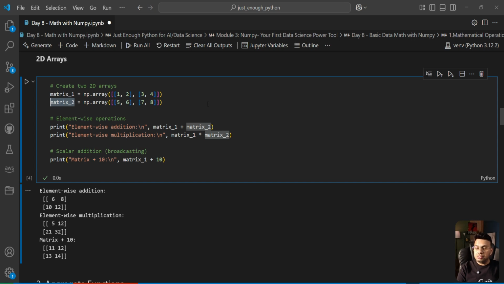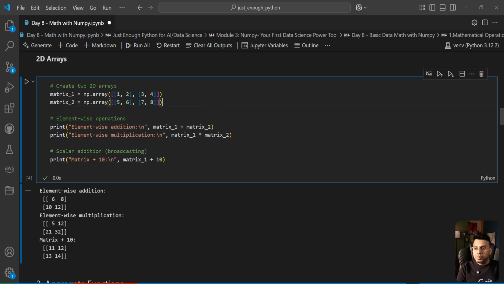When you hear matrix, understand that we're talking about a two-dimensional or a three-dimensional array. So matrix_1 is equal to np.array. We have two rows. The first row is 1, 2 and the second row is 3, 4. It's the same with matrix_2. The first row is 5, 6 and the second row is 7, 8.